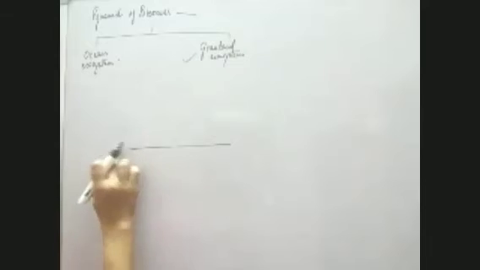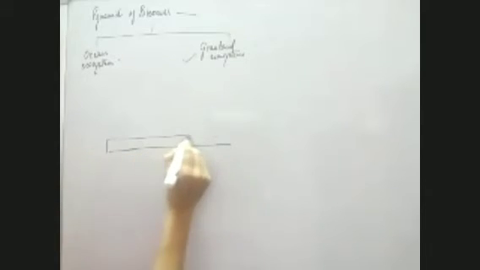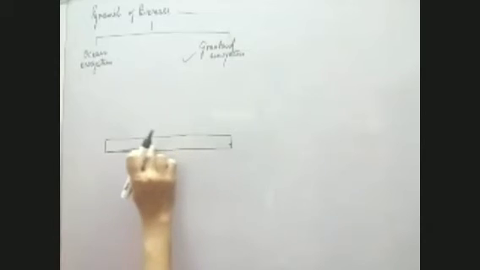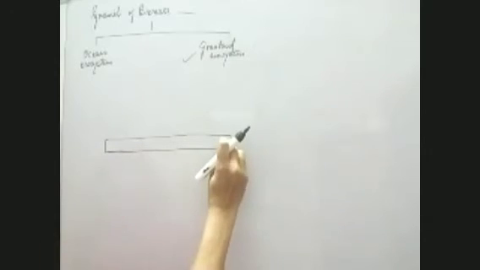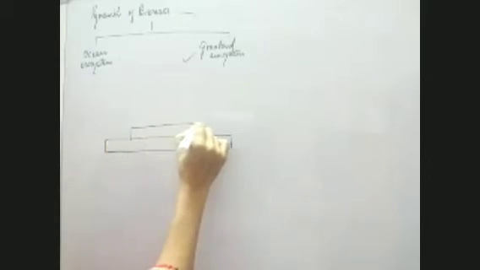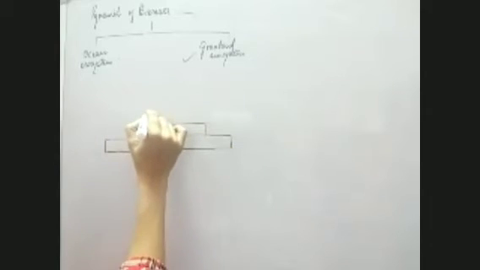This is the lowermost trophic level. Then above it, we have another trophic level. Above this, we have another trophic level.